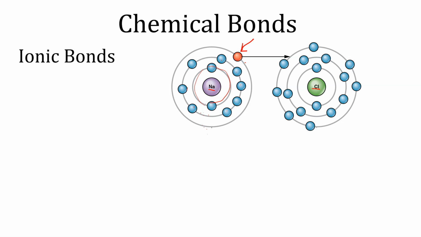So it's actually easier if it can just get rid of this electron. If it can get rid of it, then this shell goes away, and then its outer shell is full of electrons. This is called the octet rule. Basically, the outermost shell or orbit of electrons should be full. And in the second shell, it usually takes 8.